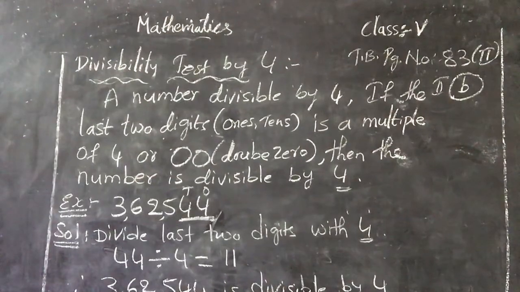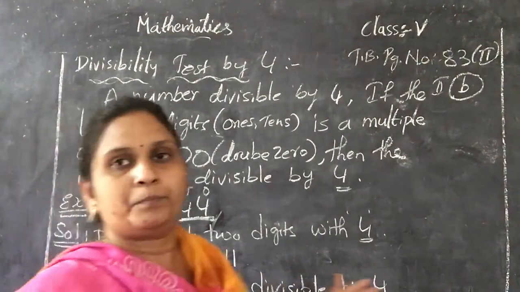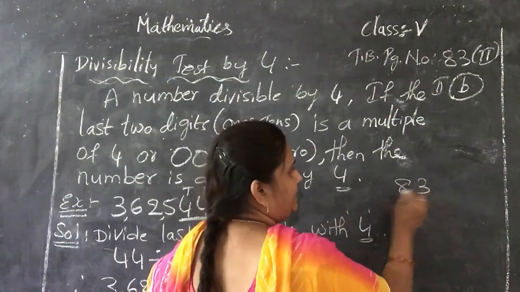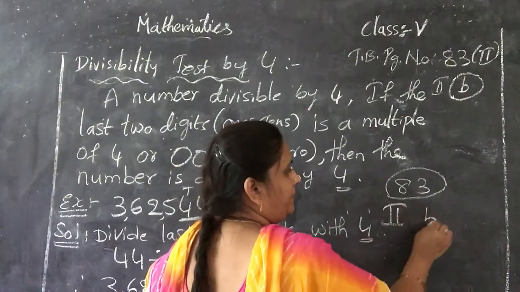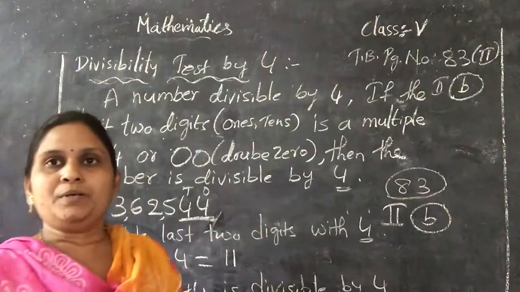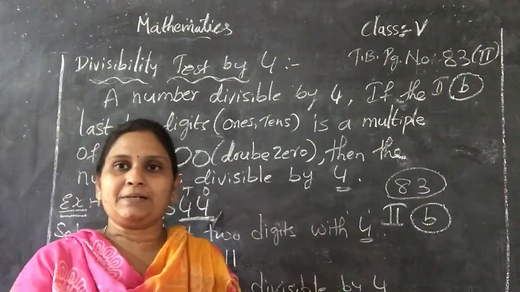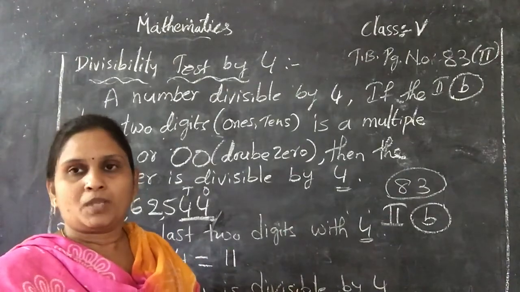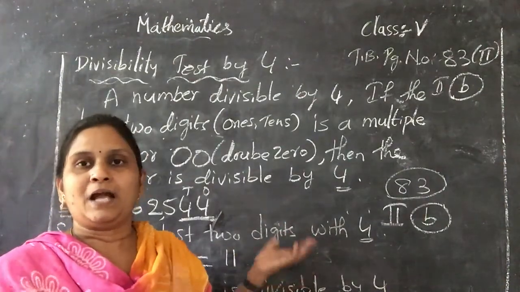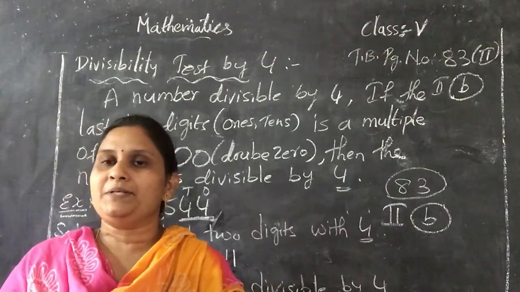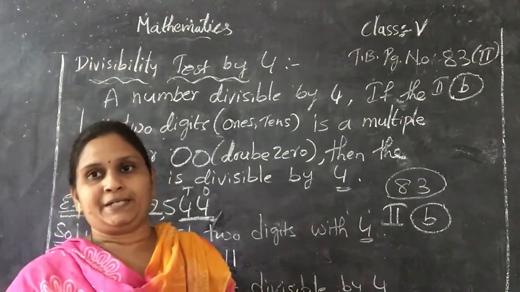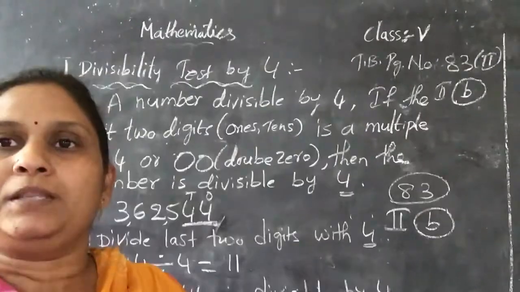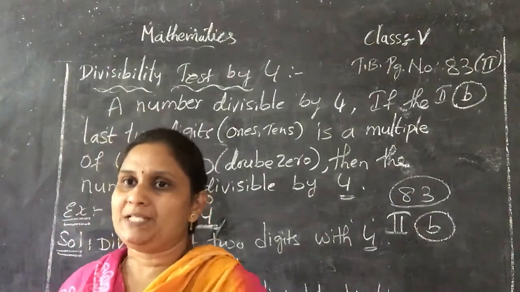Okay? So, based on this example and rule, textbook page number 83, section 2B. In section 2B, part 1 sum I did, and remaining all you have to do based on this information. Okay? So, after completing that, I am going to explain the next divisibility rule of 8. First we complete the B part of textbook page number 83.